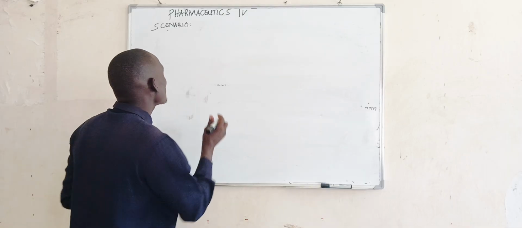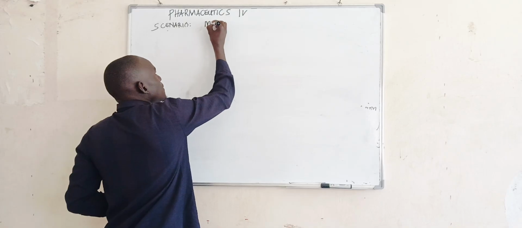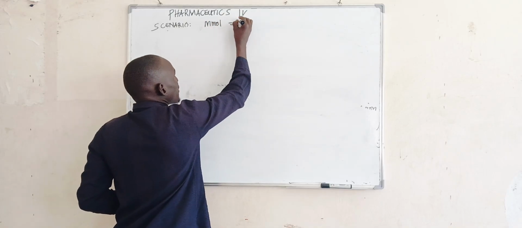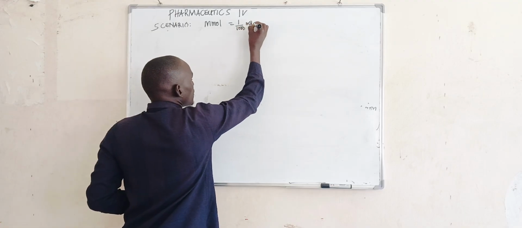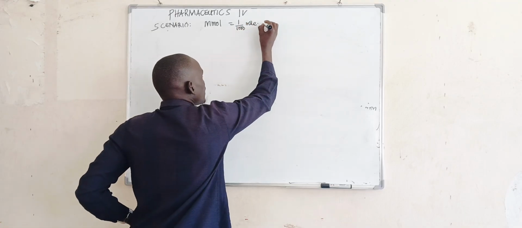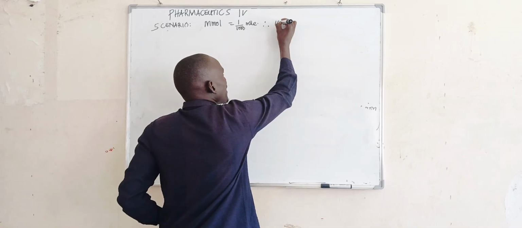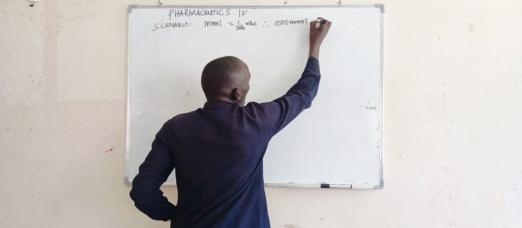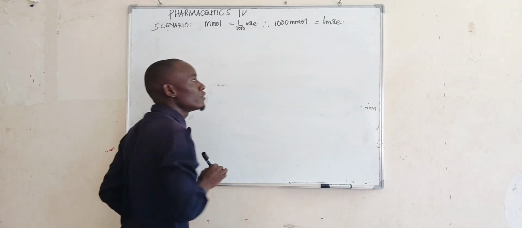But remember, a millimole is 1,000th of a mole. And therefore, that means that 1,000 millimoles are equivalent to 1 mole.